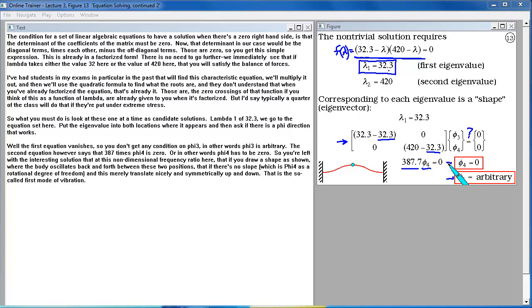So you're left with the interesting solution that at this non-dimensional frequency ratio, if you draw a shape as shown where the body oscillates back and forth between these two positions, with no slope, which is phi 4, a rotational degree of freedom, and this merely translates nicely and symmetrically up and down, that is the so-called first mode of vibration.